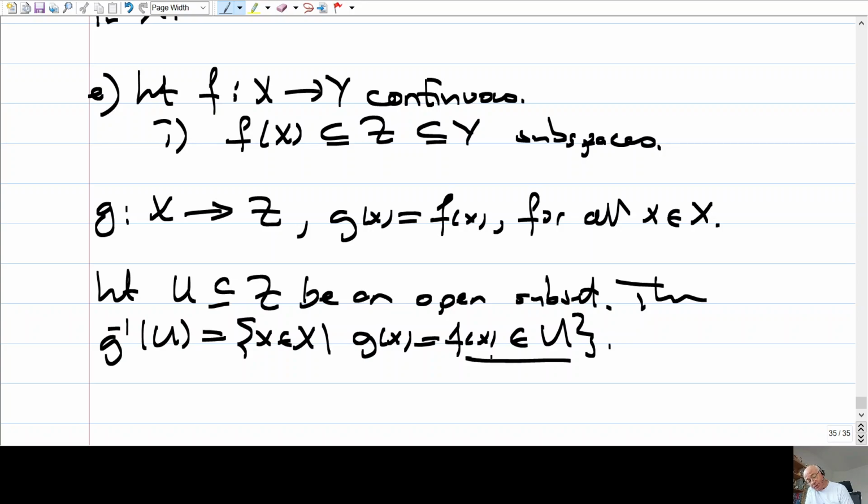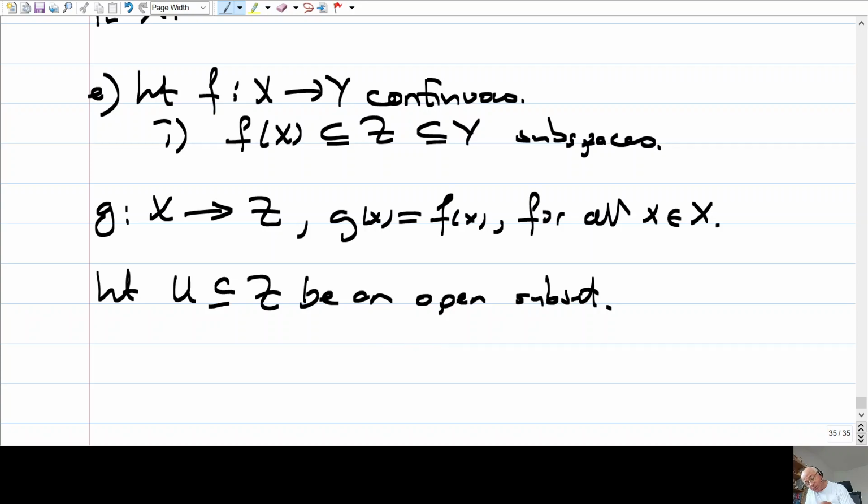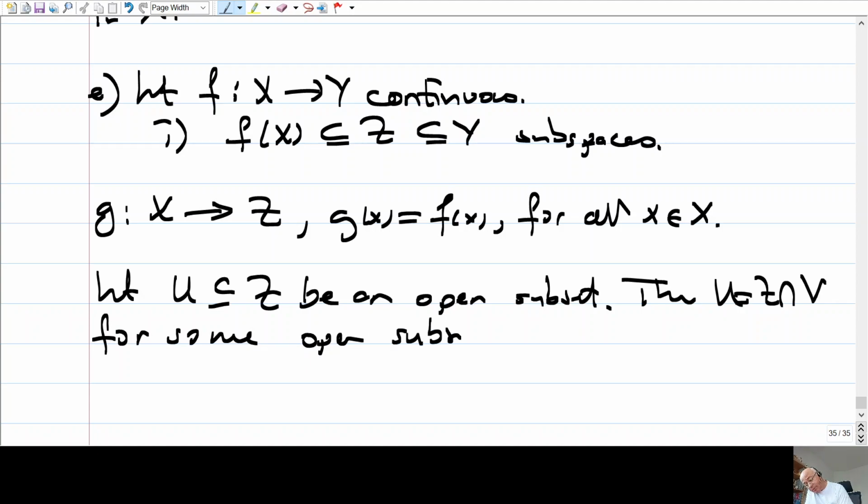An open subset in Z may not be open in Y, but we know this: U is equal to Z intersection V for some open subset V of Y.